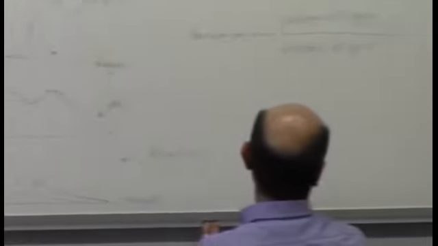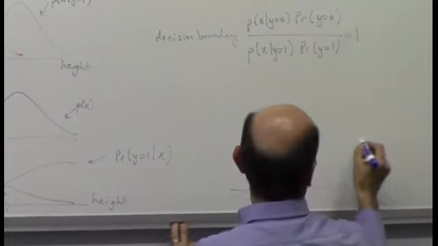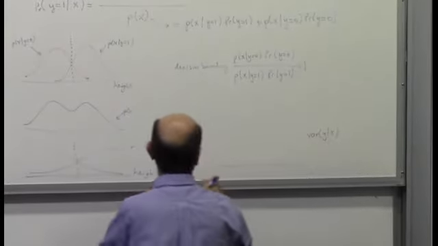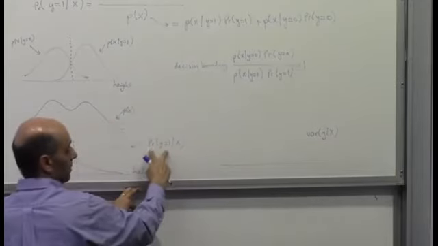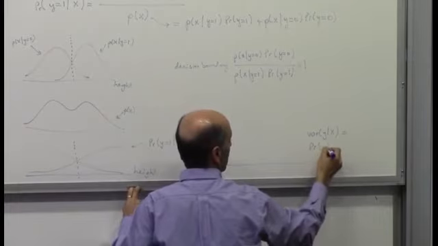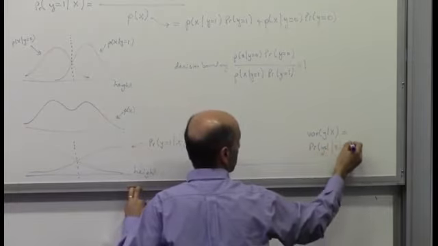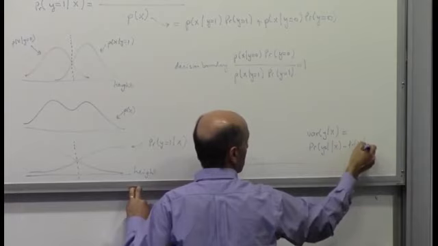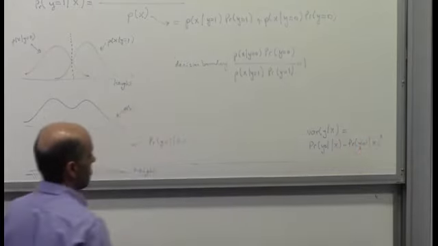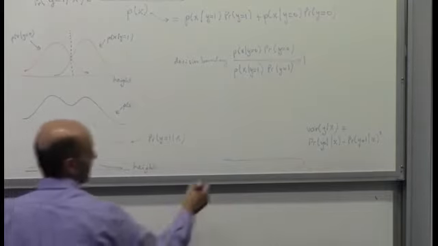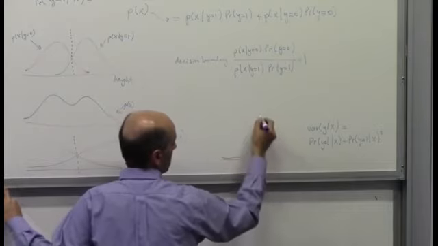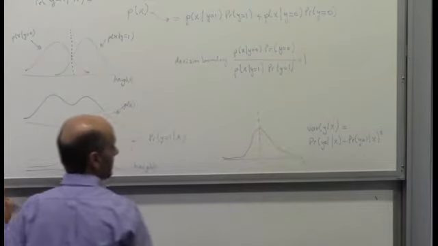I'm going to plot the variance of y given x, which is equal to this quantity, as a function of x. What I'm going to see is that this function looks like this, where that's the decision boundary.